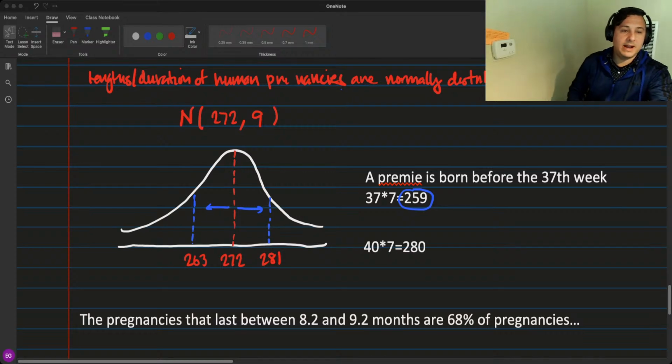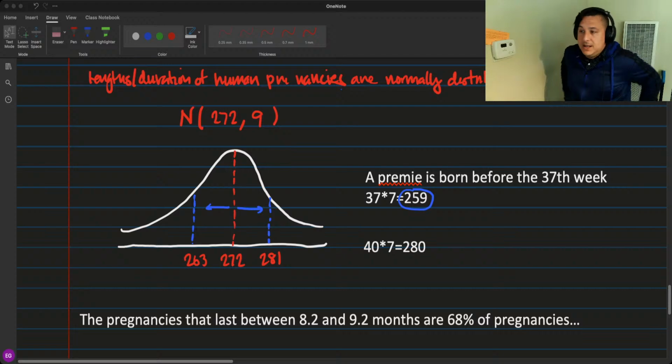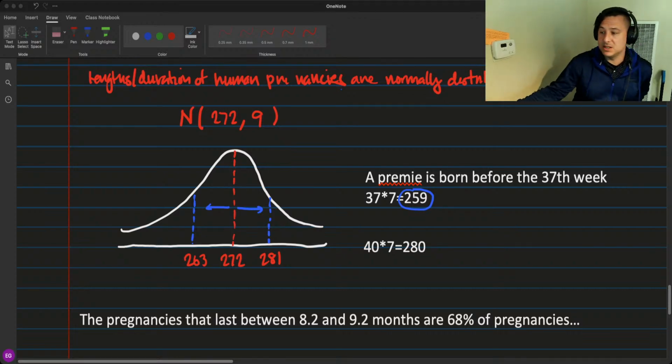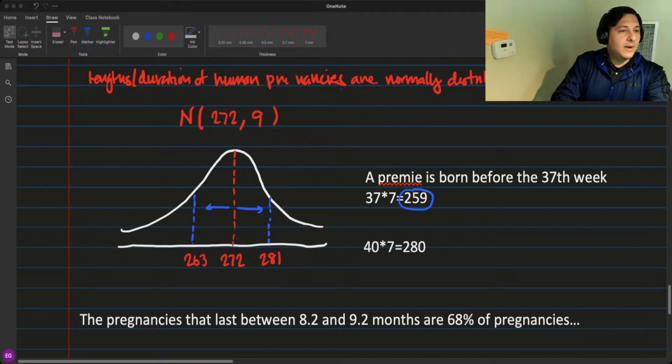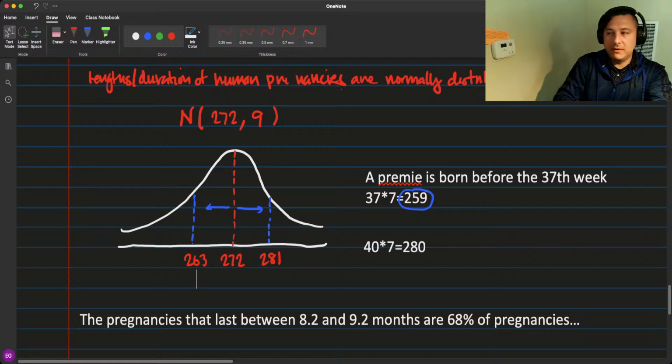This whole article is about how we usually arbitrarily take the length of a pregnancy as 280, but apparently the data shows that typical pregnancies are 272 days long. Why was I looking at this? Because I wanted to look at the definition of preemie. I feel like there's different definitions of preemie, but whatever. We'll just roll with the one we've got.